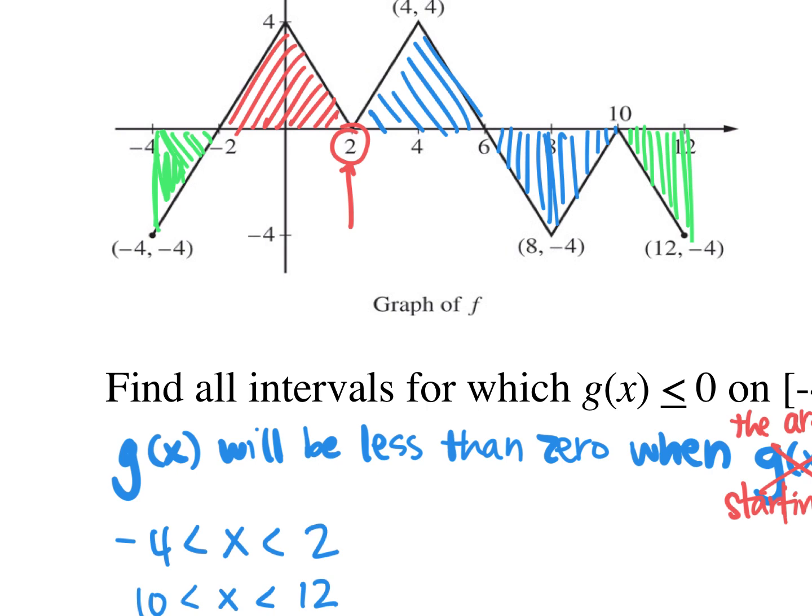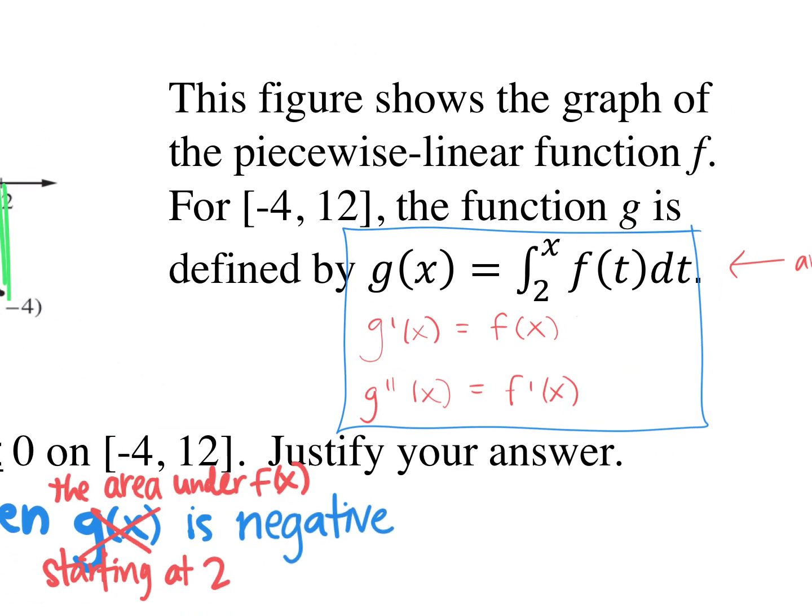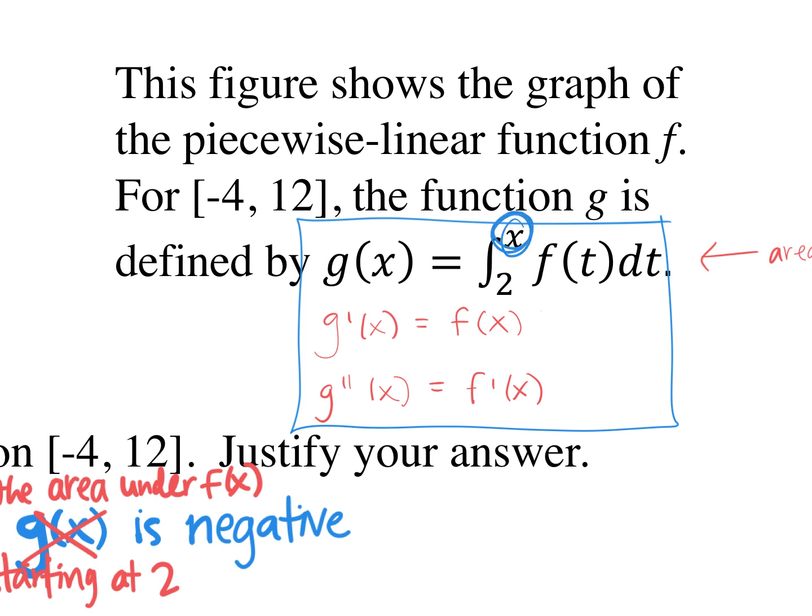So X represents the top value. If you want me to call it B, I can. Our axis is not X, our axis is t. X is representing the top, so maybe you want to think of it as b instead. What values on the top would produce a negative value?